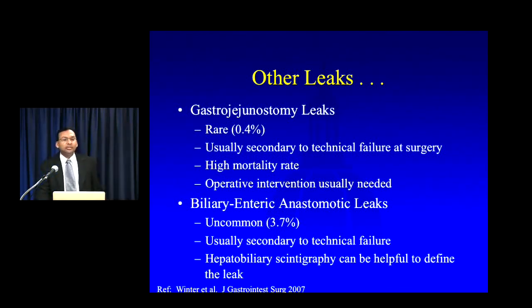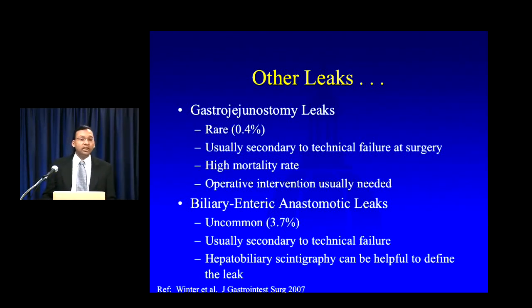Now, bile leaks or biliary enteric anastomotic leaks are much less common than pancreatic fistula, but certainly much more common than a gastrojejunostomy leak. Again, typically due to technical failure at surgery. You're going to make this diagnosis when you see a focal fluid collection or a large amount of free fluid directly adjacent to the biliary enteric anastomosis. Remember, the location of a fluid collection can be very helpful in figuring out where the patient has a leak.